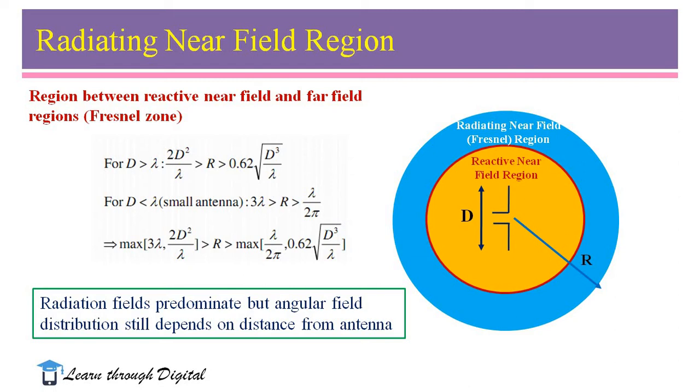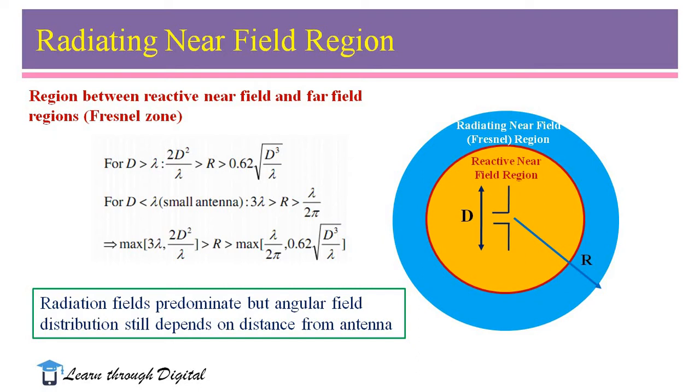The inner boundary of this region is taken at R equal to 0.62 root of D cube by lambda. The outer boundary of this region is generally taken at R equal to 2D squared by lambda. So, the region exists between 0.62 root of D cube by lambda to 2D squared by lambda.